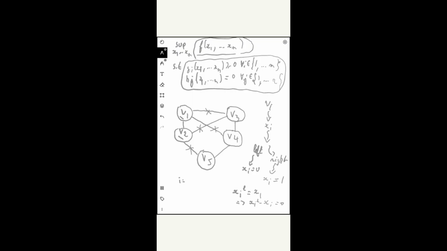So if xi equals xj, it will be 0, so we're in the same group. And if xi is different to xj, then our result will be 1, and so a different group.